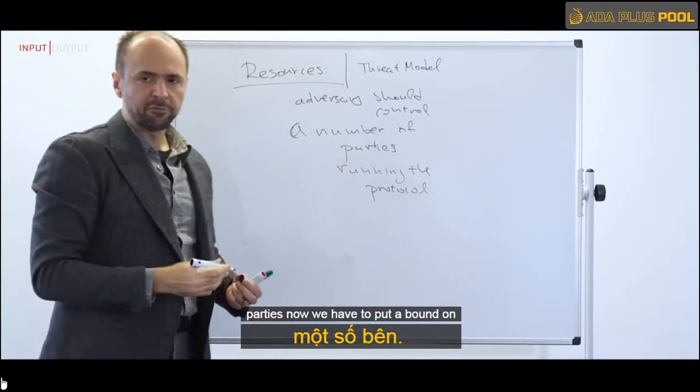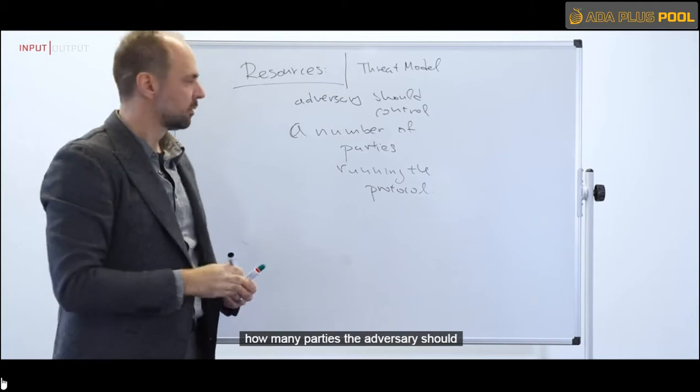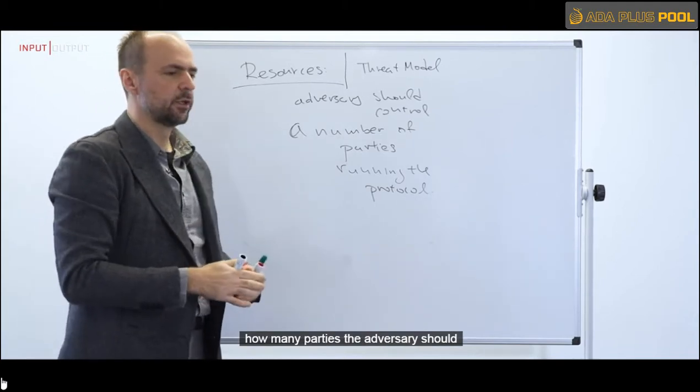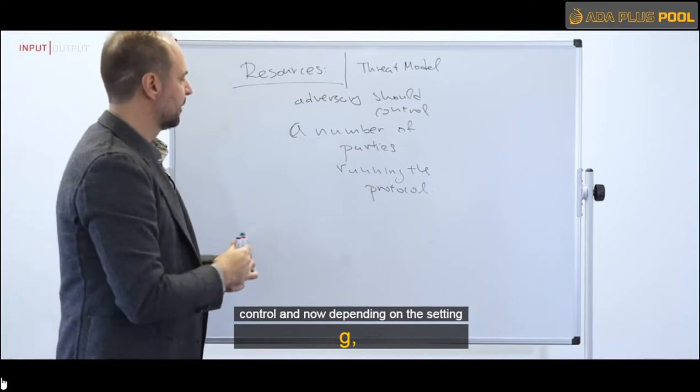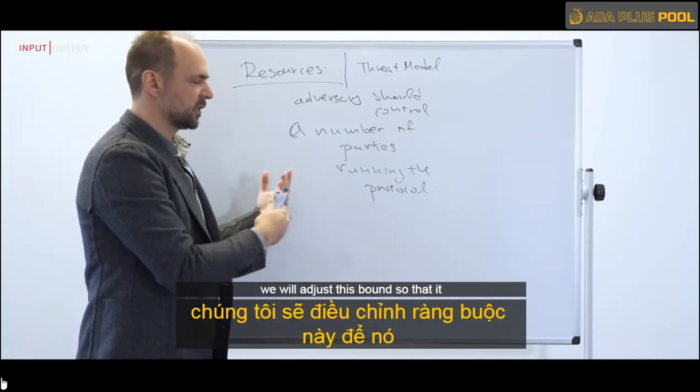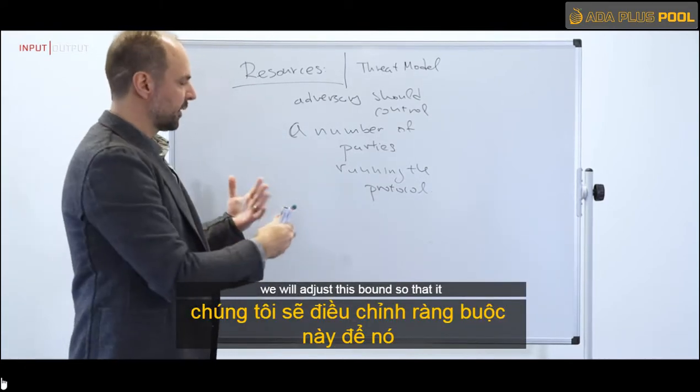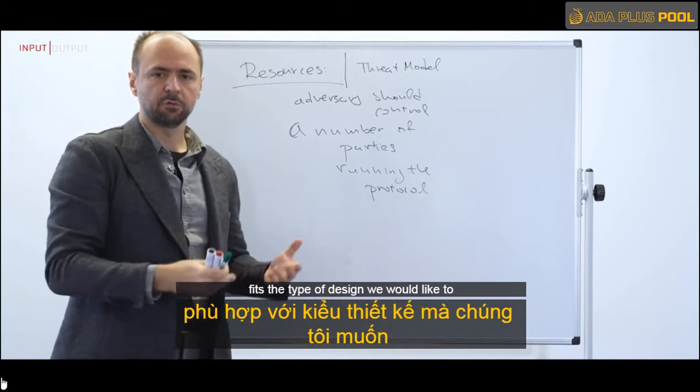Now, we have to put a bound on how many parties the adversary should control. And now, depending on the setting, we will adjust this bound so that it fits the type of design we would like to make.